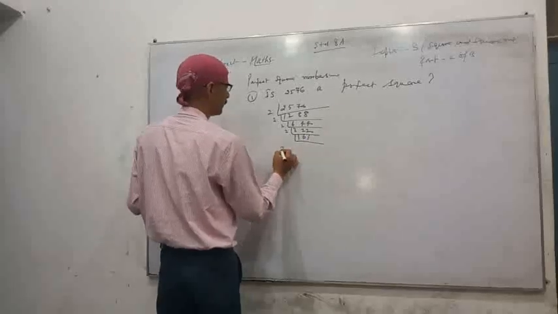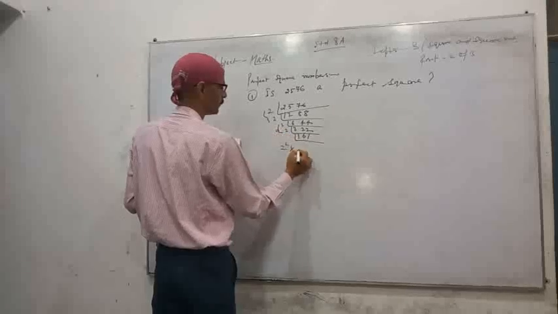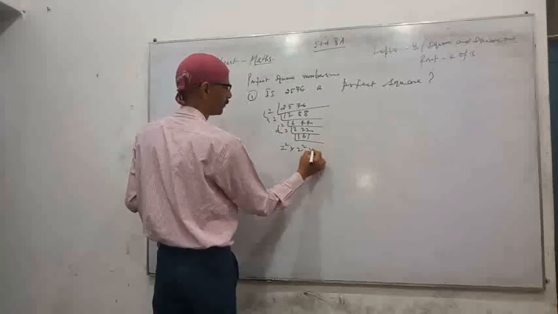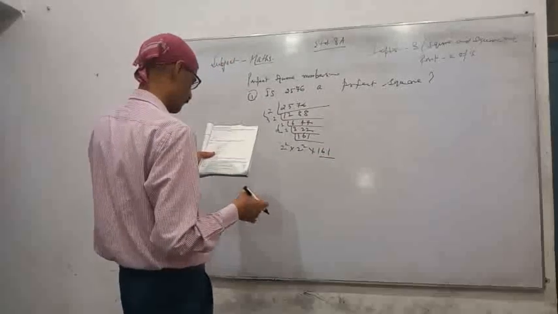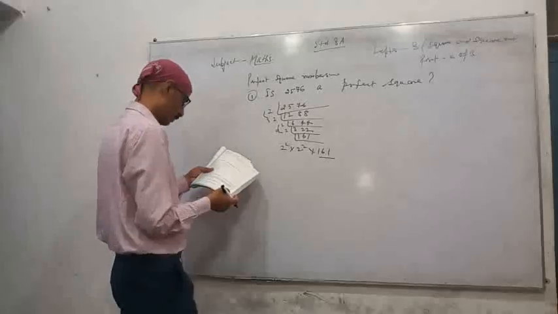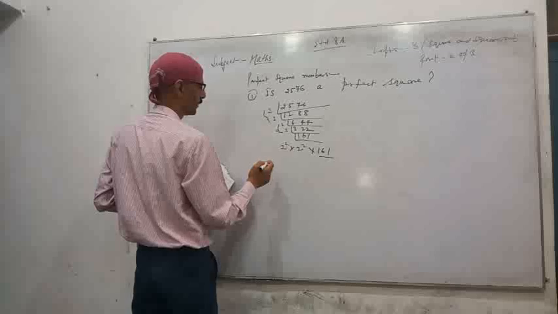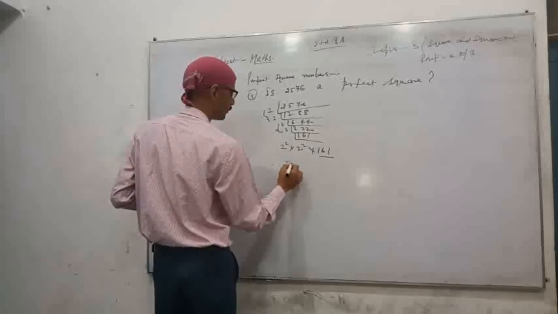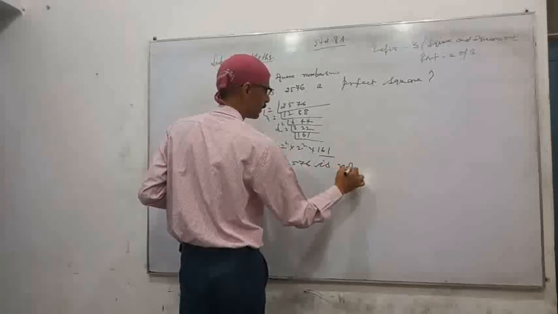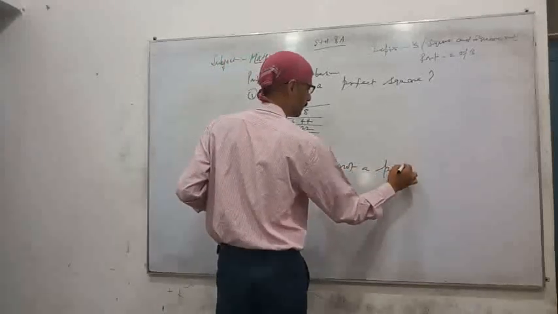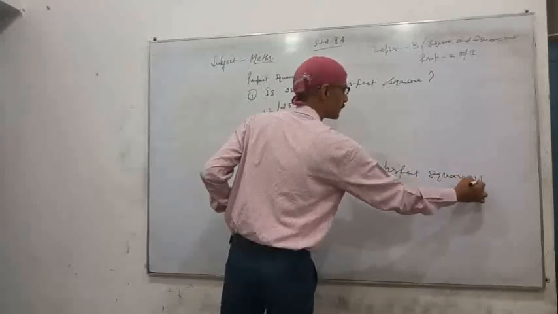So you can write 2 into 2, 2 squared, 2 into 2, 2 squared, and 161 is a number which is unpaired. Therefore it is not a perfect square. So you can write 2576 is not a perfect square. Answer.